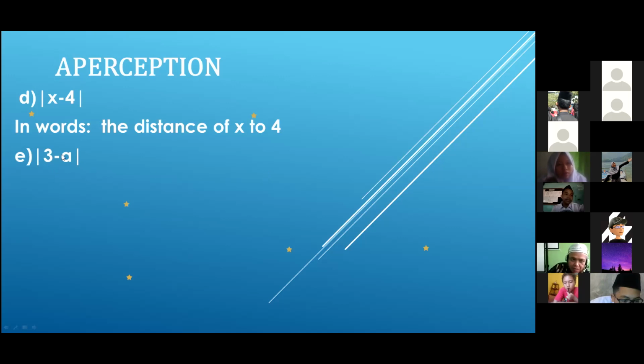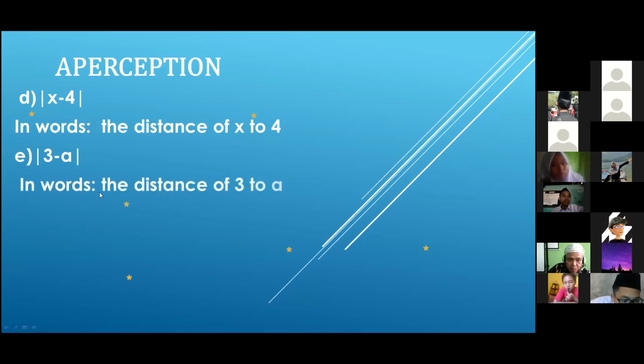The absolute value of 3 minus a can be taught as the distance of 3 to a or a to 3, because the distance of 3 to a equals the distance of a to 3. In other words, the distance of 3 to a or a to 3.